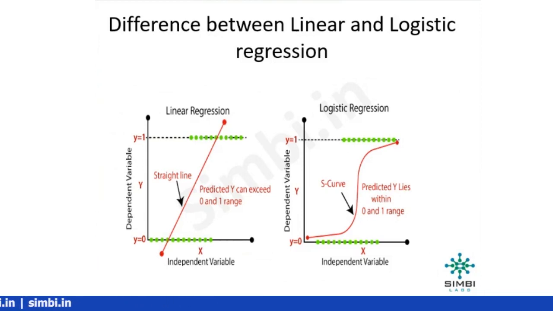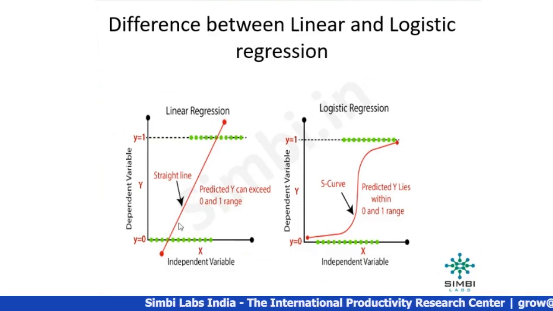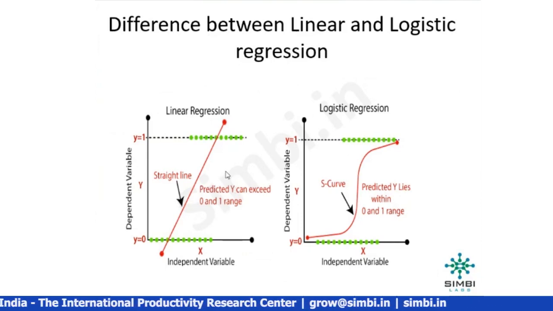In linear regression, there is a fixed line. With that fixed line we can do a lot of things. We can calculate R square, and we can determine whether the independent variables are correlated with the dependent variable or not.